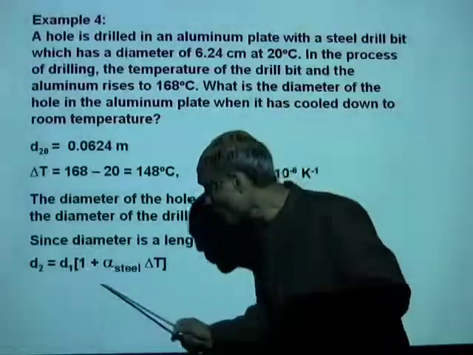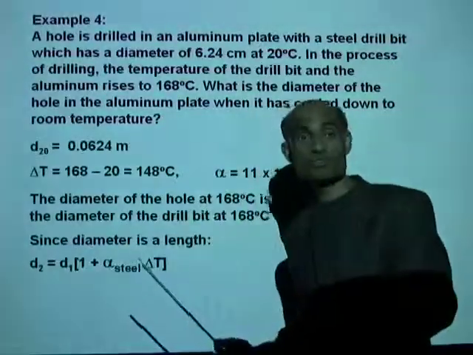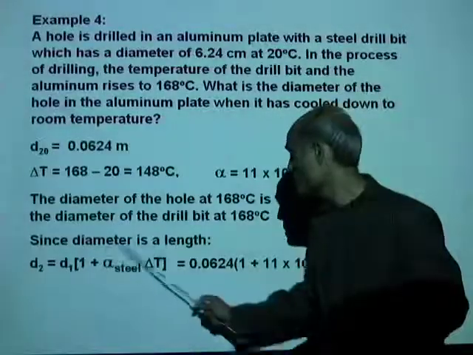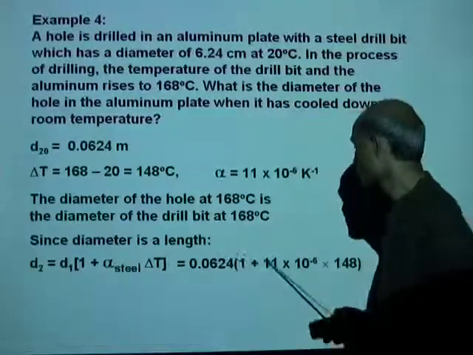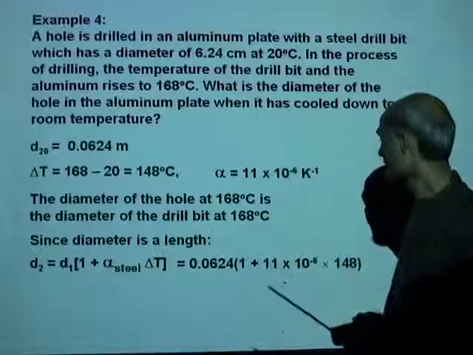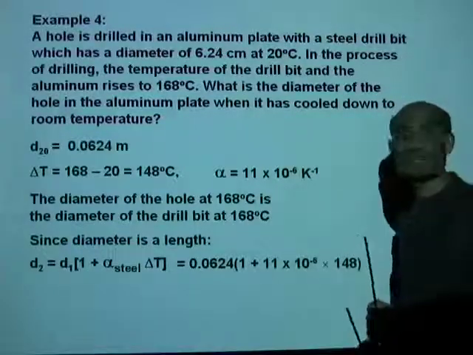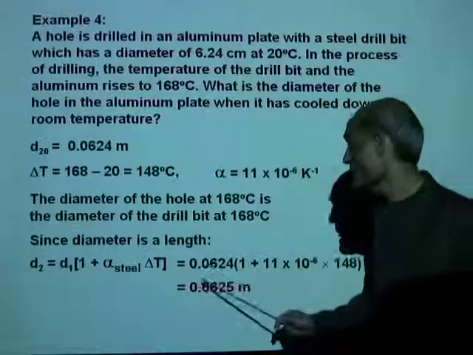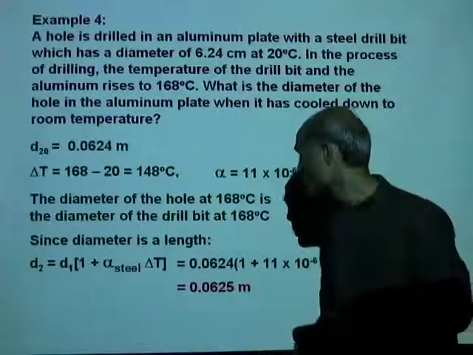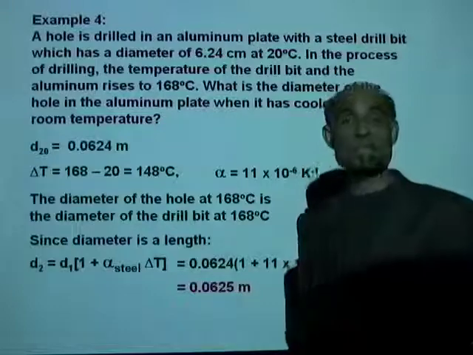Well, we have all these values. Let's use those values there. D1 is 0.0624 and alpha 11 times 10 to the negative 6, and the change in temperature is 148. That is 0.0625 meter.